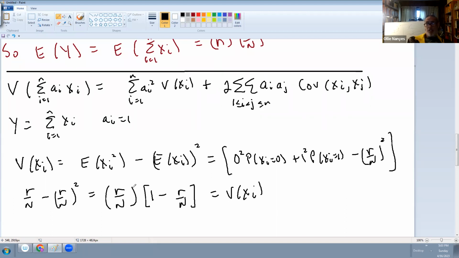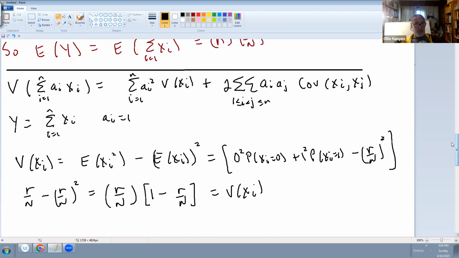Now notice this, if you're familiar with the binomial distribution, this is a proxy for p, where the variance is npq. Well, n here is 1, a small n that is. This is a proxy for p, the probability of a success, and this is a proxy for q. So this is highly intuitive also.